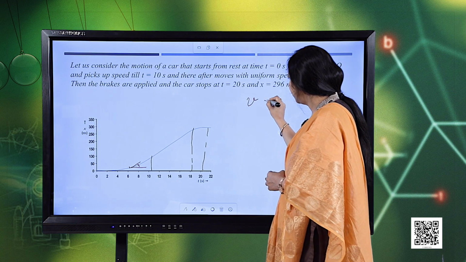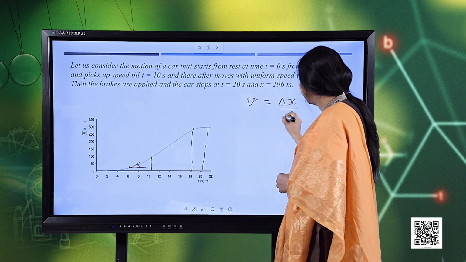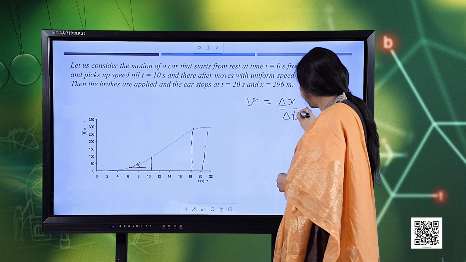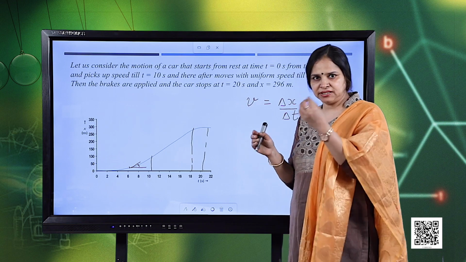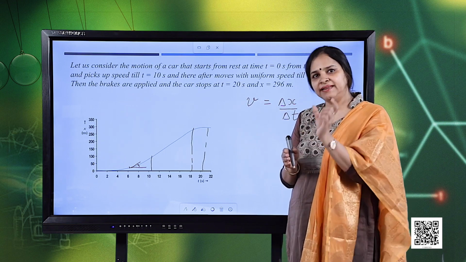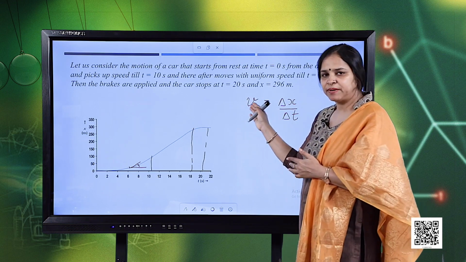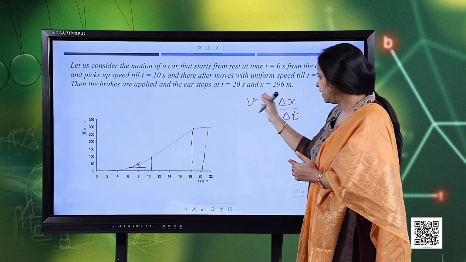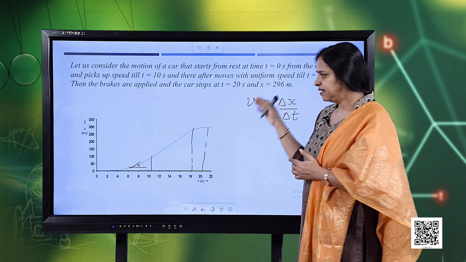We know that velocity is delta x by delta t. If we have proper data, we can take the time interval to be very small, and the corresponding displacement divided by time will give us the velocity at that particular instant.